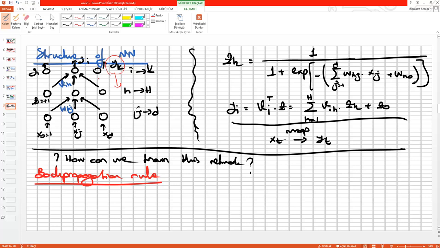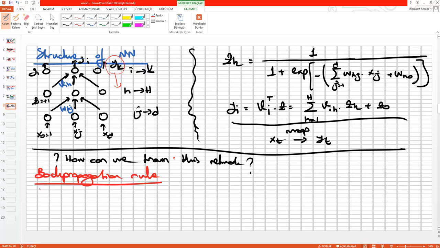Okay, and so in order to minimize these things, we can propagate the whole errors in the backward way to update your coefficients W and V. Okay? I will get there. I will derive the whole equation in order to run this code.